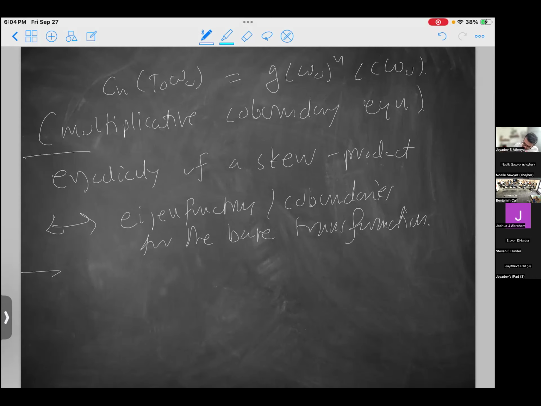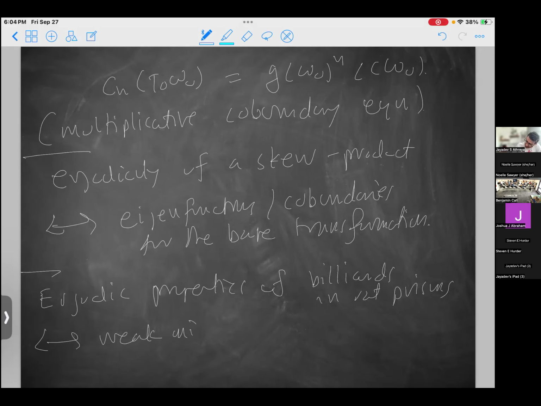What this allows us to do is translate our results about ergodic properties of billiards in rational prisms to what are called weak mixing properties, weak mixing and co-boundary properties of linear flows and IETs on translation surfaces.